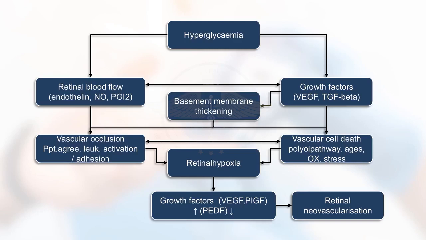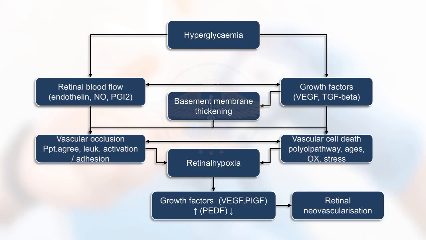There is platelet aggregation, RBC rouleaux formation, and leukocyte aggregation and adhesion, and vascular cell death in the polyol pathways, and advanced glycation end products. Retinal hypoxia is there because of both vascular occlusion and vascular cell death, which leads to increase of growth factors, that is vascular endothelial growth factor and PDGF is increased, and PEDF is decreased.